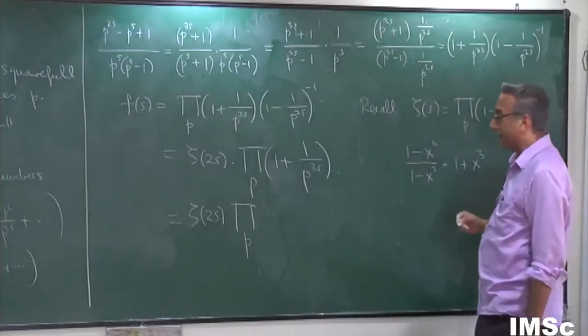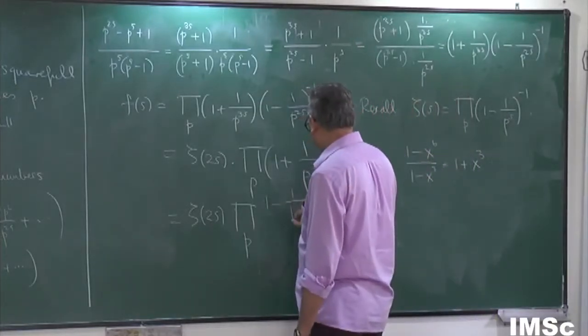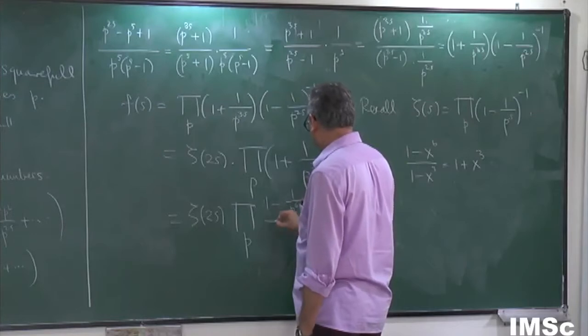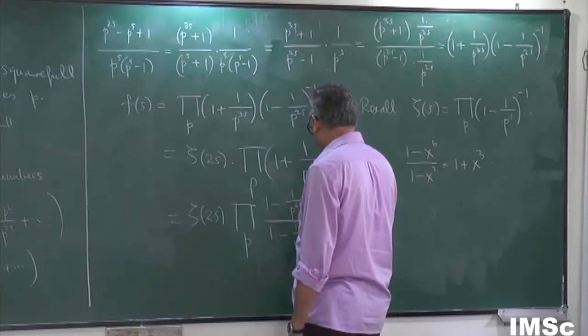Okay? I'll do it like that. Then that would be 1 minus 1 over p to the 6s over 1 minus 1 over p to the 3s.